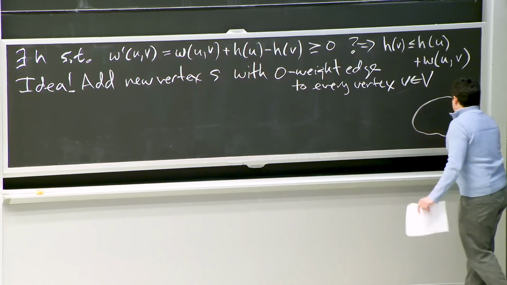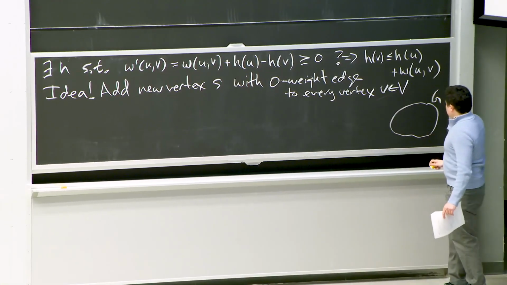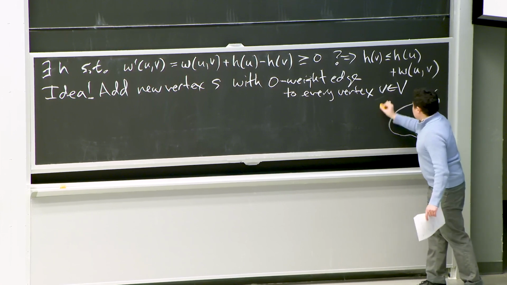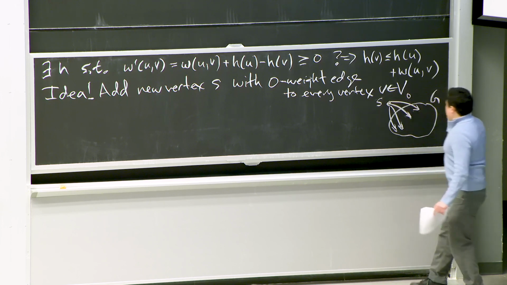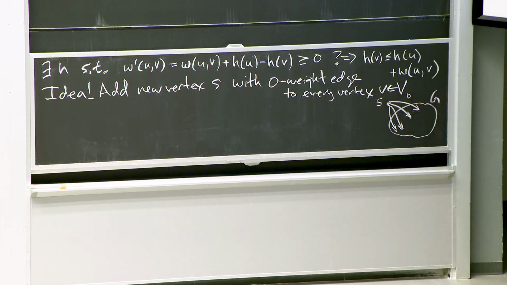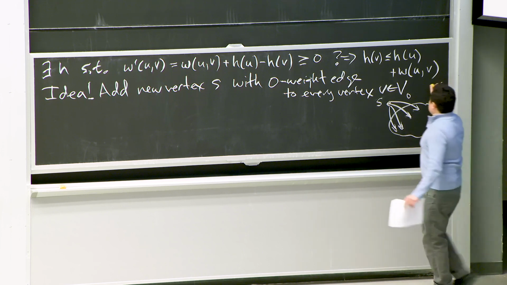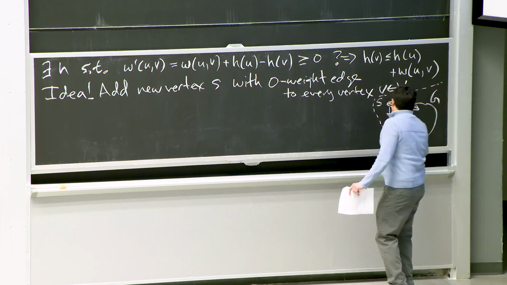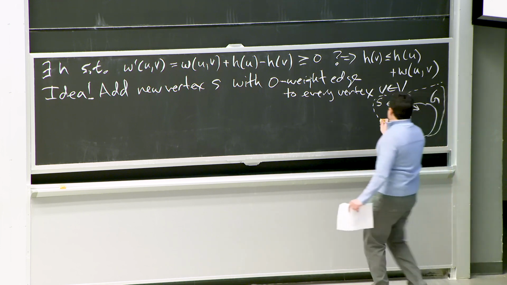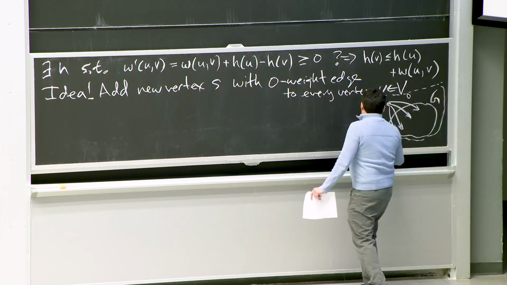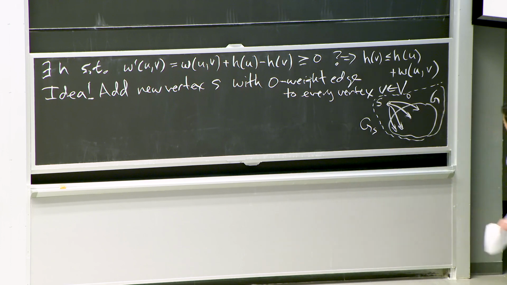This is like, there's my original graph. And now I have this vertex S, but it has directed edges into all of the vertices with zero weight. That's our picture. And this new thing, I'm going to call maybe my S graph now.